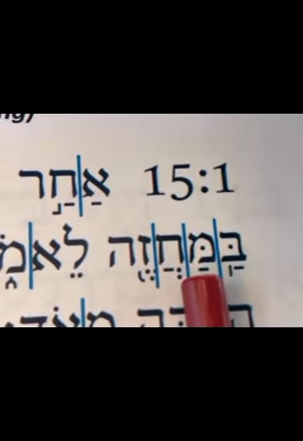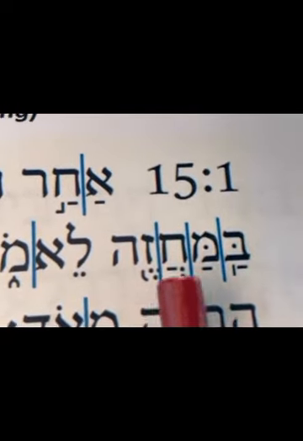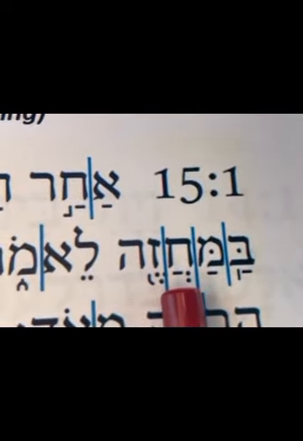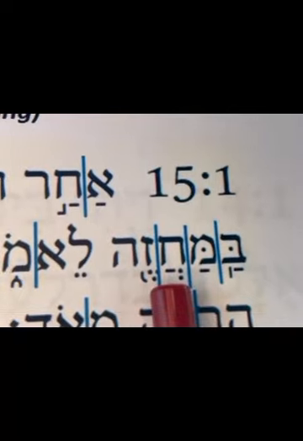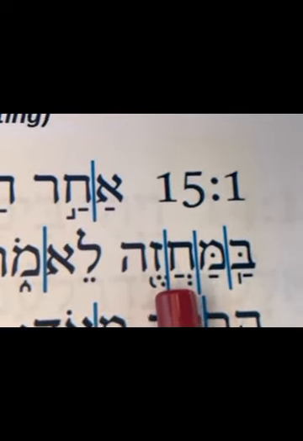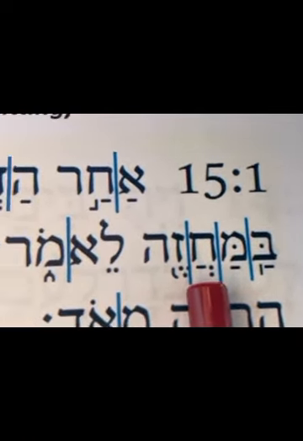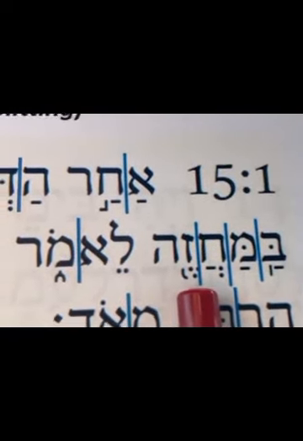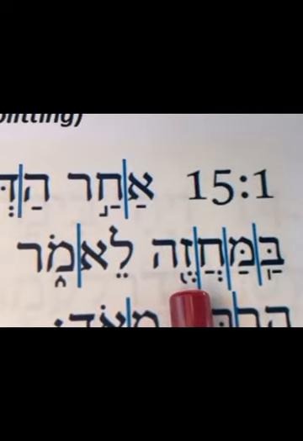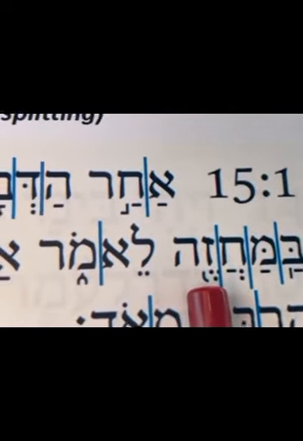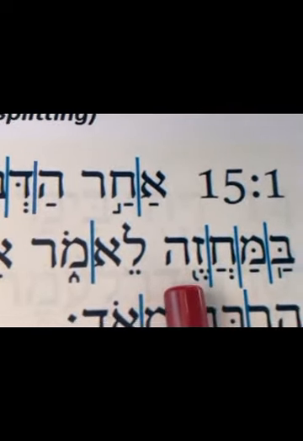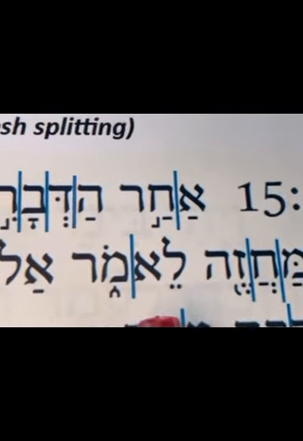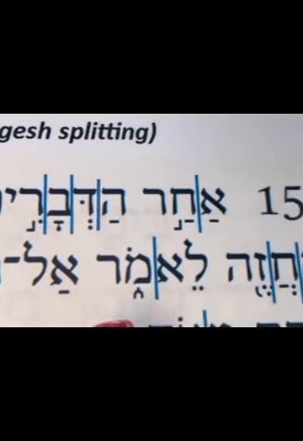We've got a chatef patach, which is known as a half vowel, but it's pronounced the same as patach. And we've got a segol. The blue line's obscuring one of the dots in the segol, and segol says eh. We have a Hebrew diacritical marker here, tifcha. And so, b'machazeh.